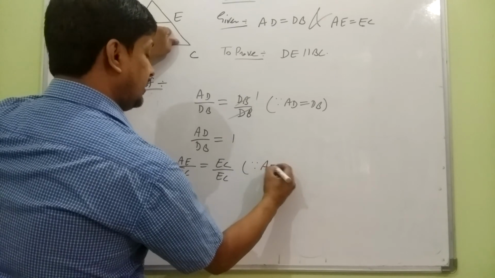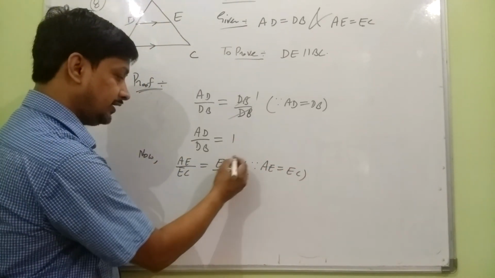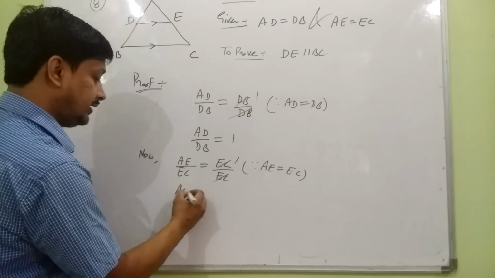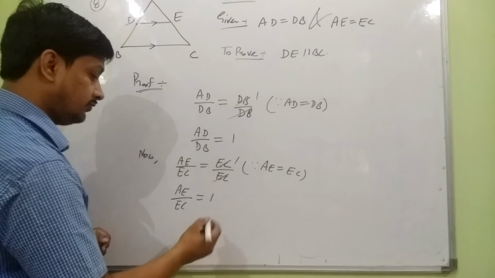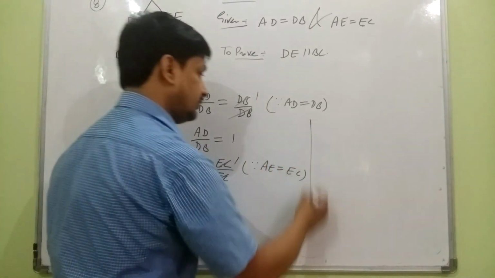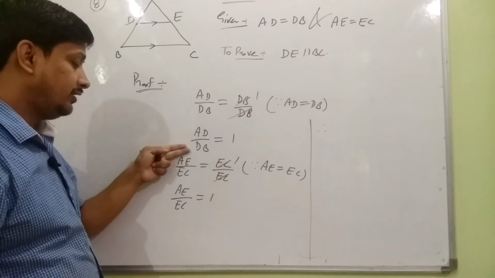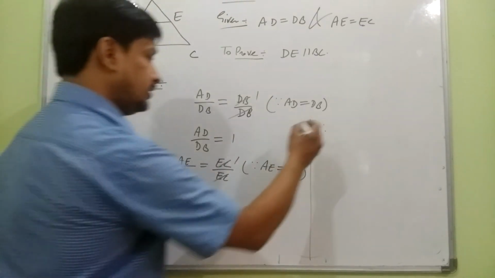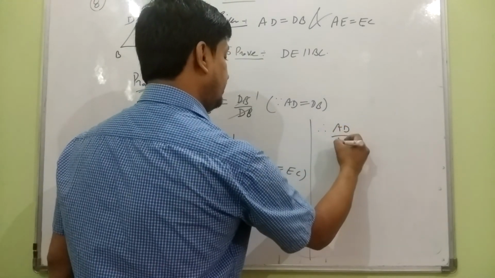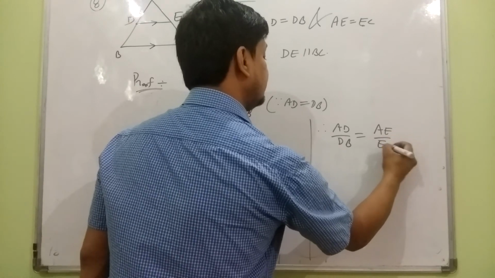Just reduce, we will get 1 here also. So its ratio is 1. So what do we conclude from this? We can conclude that AD upon DB will be equal to AE upon EC as their ratio is the same.